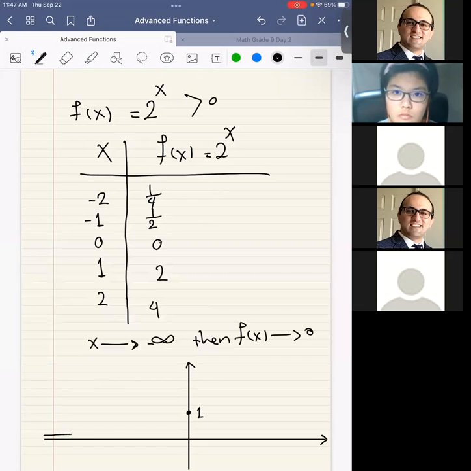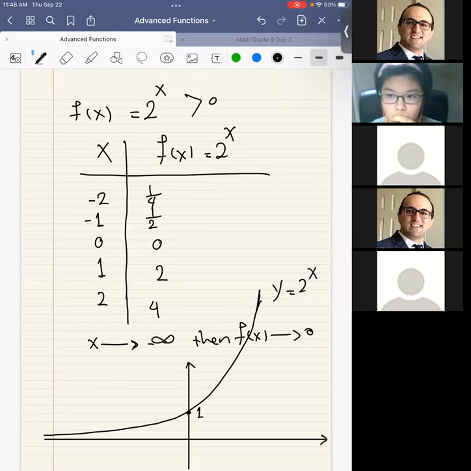So it looks something like this. But the increase in the y value when x is a positive number is very rapid.